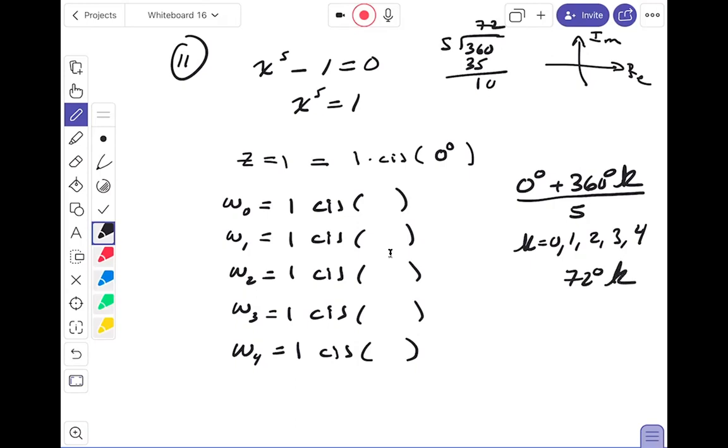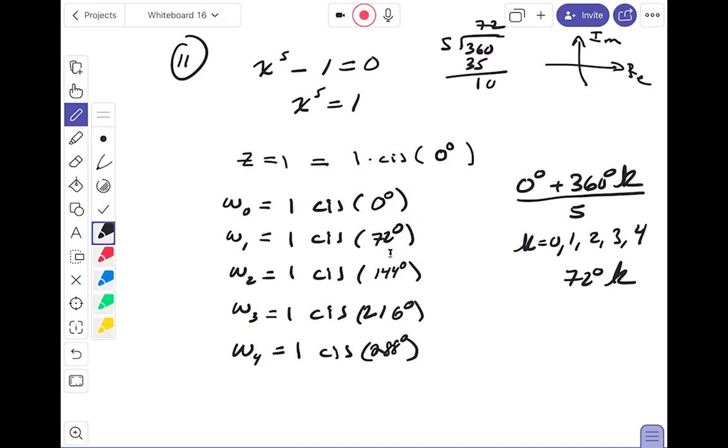Let's do it. Well, if K is 0, this would be 0 degrees. If K is 1, this is 72 degrees. I'm going up by a very simple number, 72 degrees, 144. 72 degrees up, get 6, 7 and 4, 11. 72 degrees up, 88 and 2.